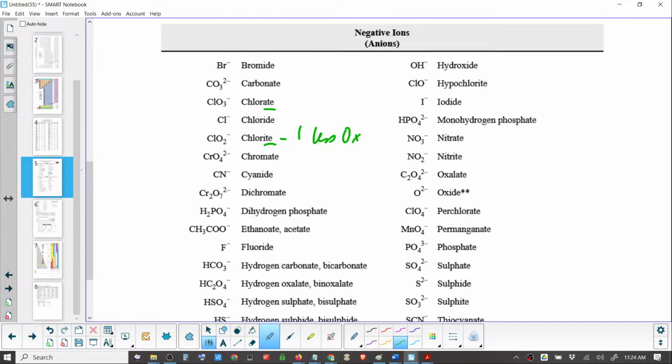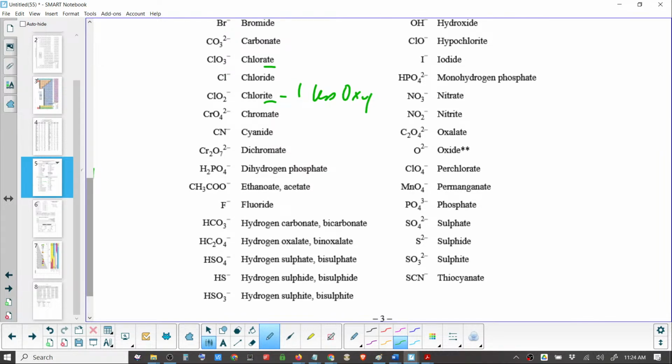So -ates will always have one more oxygen than their counterparts. And there's no standard for an -ate. -ate doesn't mean 4 oxygens or anything, so that part you do have to know. But if sulfate is SO4 minus 2, then the -ite, as you just said, has one less: SO3 minus 2. The charge doesn't even change. And that's just an older naming system, like cupric and cuprous, that we still use. So we differentiate between the two just based on the name.